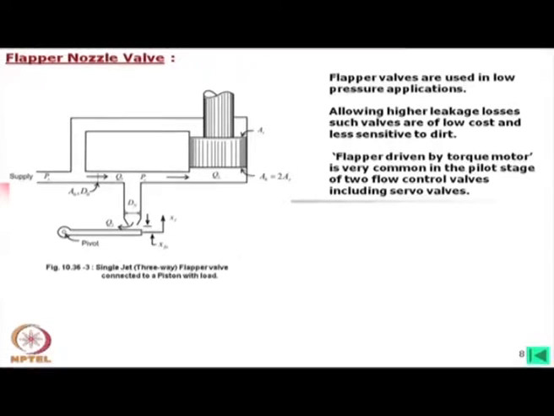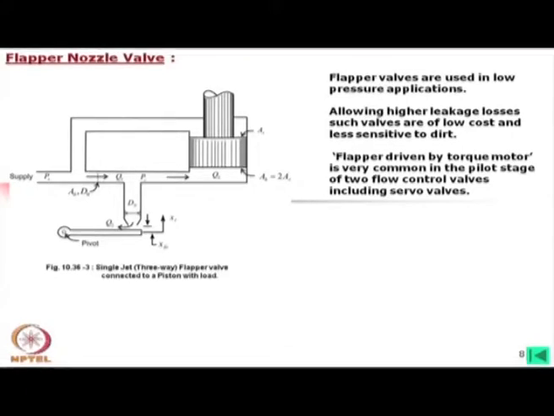This is very common in the pilot stage of two-stage flow control valves, including servo valves. Now, if we look into the four-way servo control valve, you will find in the first stage there are two stages actually, because to drive the main spool we need much force. There is a first stage valve through which the hydraulic oil flows to control the main spool.